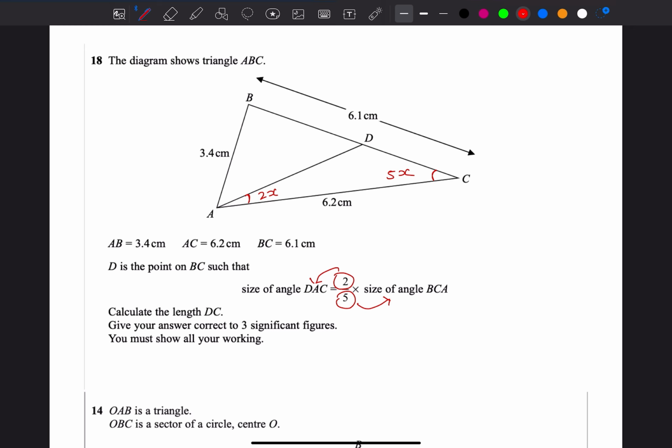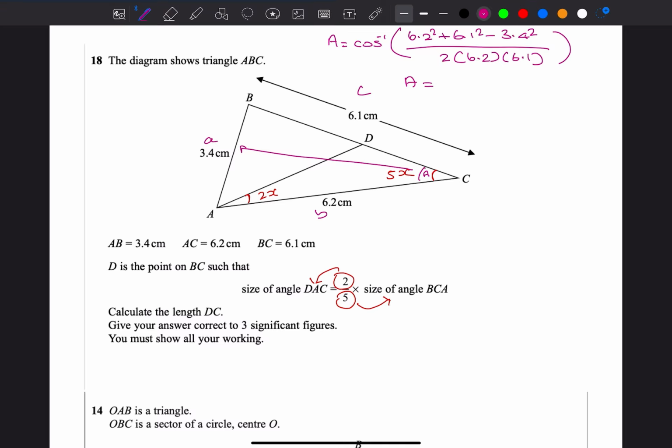Okay, so what we can do is work out this angle. This is your angle A, make it as a big triangle, lower case a, and then b and c could be these. Okay, so we could do cos. So A is what? Cos inverse of b squared plus c squared minus a squared, so 6.2 squared plus 6.1 squared minus 3.4 squared, over 2bc, 2 times 6.2 times 6.1.